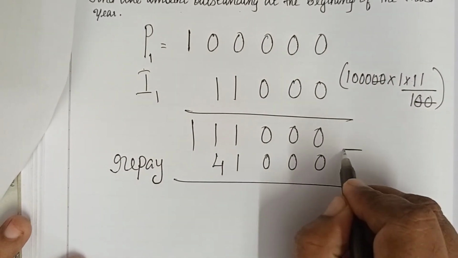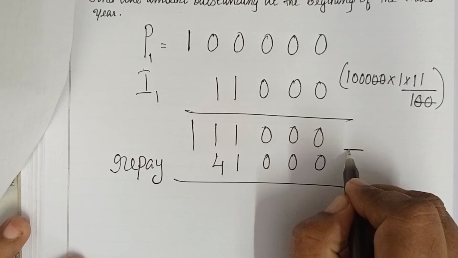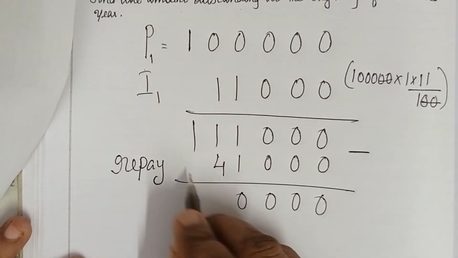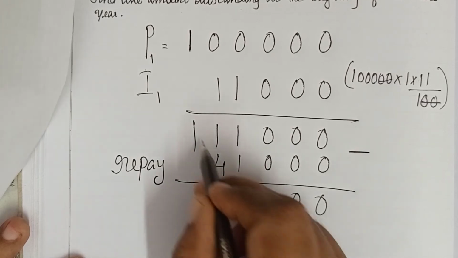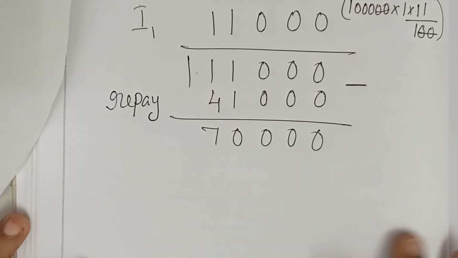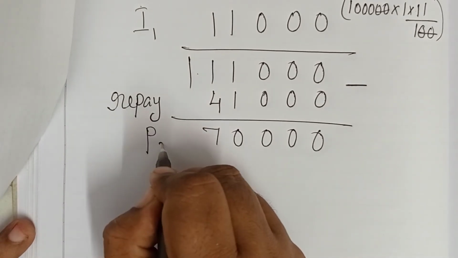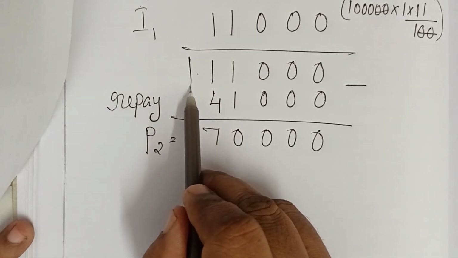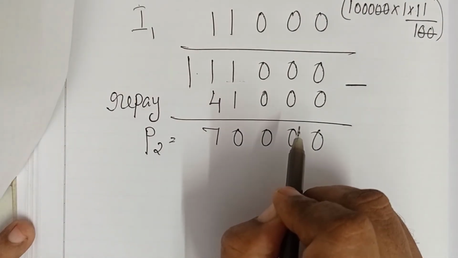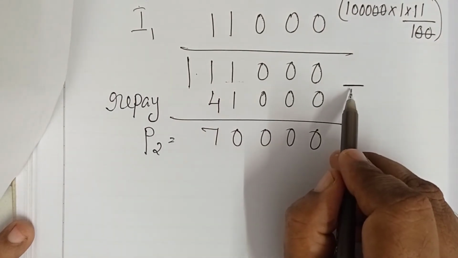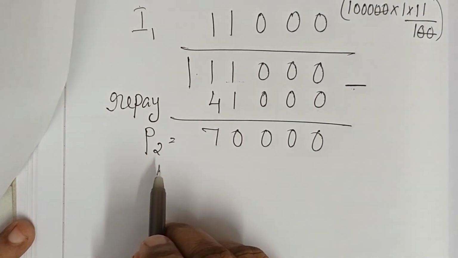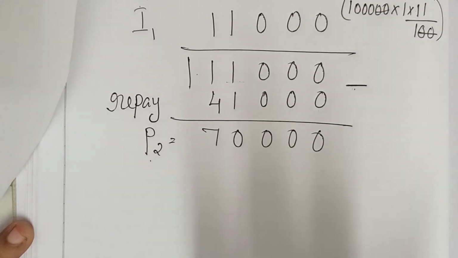Always, repay means the operation is minus. 111000 minus 41000 is 70,000. Very interesting chapter. This is P2, not the 1,11,000. He repays, that means you subtract 41,000 from that amount. Actually, this P2 means 70,000.